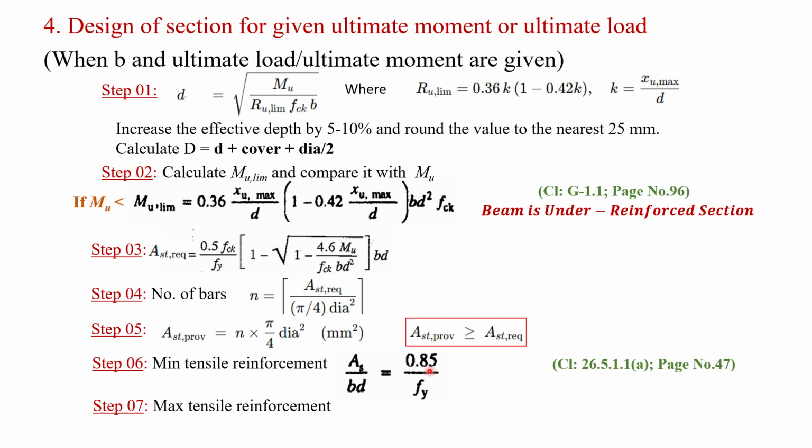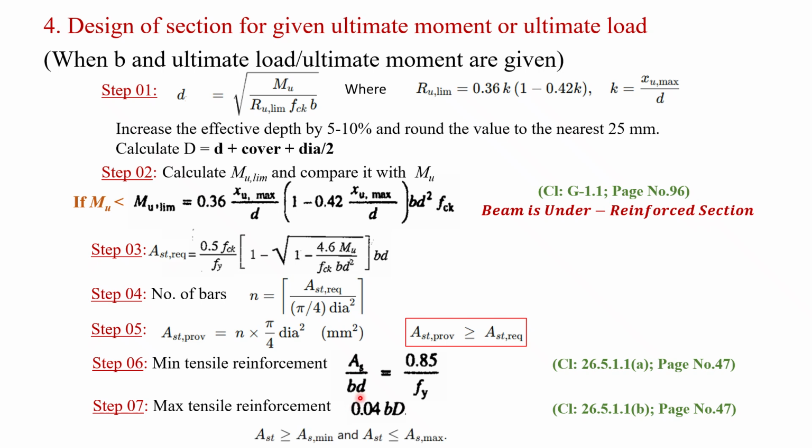The last step is to find the maximum tensile reinforcement. This is also given in clause 26.5.1.1b, page number 47, that is 0.04 into b capital D. This is the maximum tensile reinforcement that can be provided for the given section.